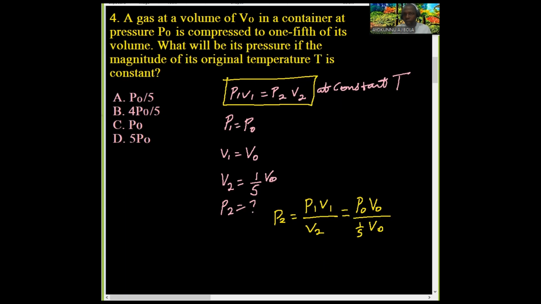So here V naught can eliminate V naught. Then we now have P2 being equal to P naught divided by 1 over 5. And this is going to be P naught times 5 over 1. And this will be 5 P naught. Is that clear?